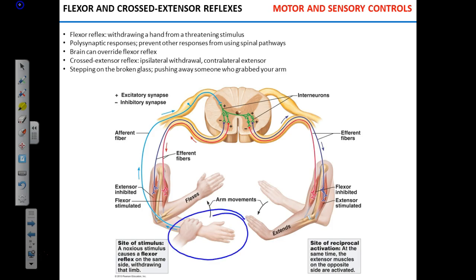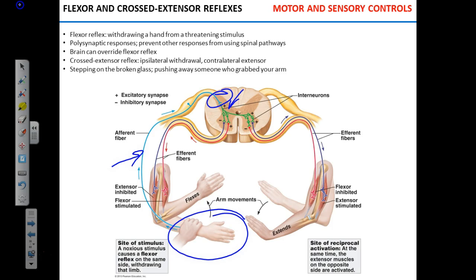Somebody grabs your arm. Do you get sensory input from it? Sure. That sensory input, the blue neuron, goes to the dorsal horn and synapses with the interneuron. Does that make sense so far?